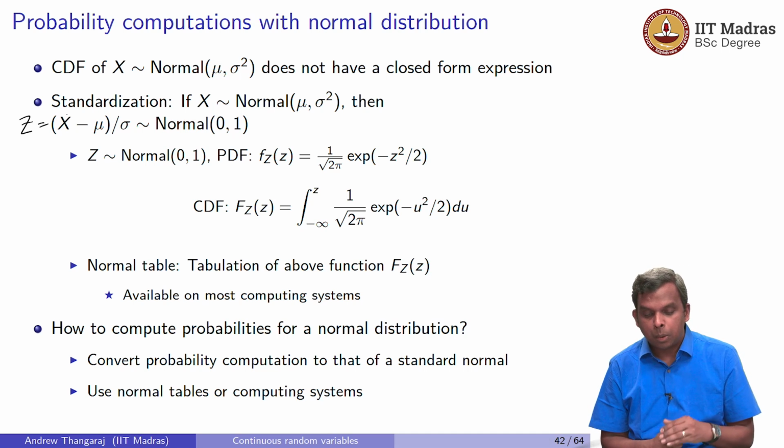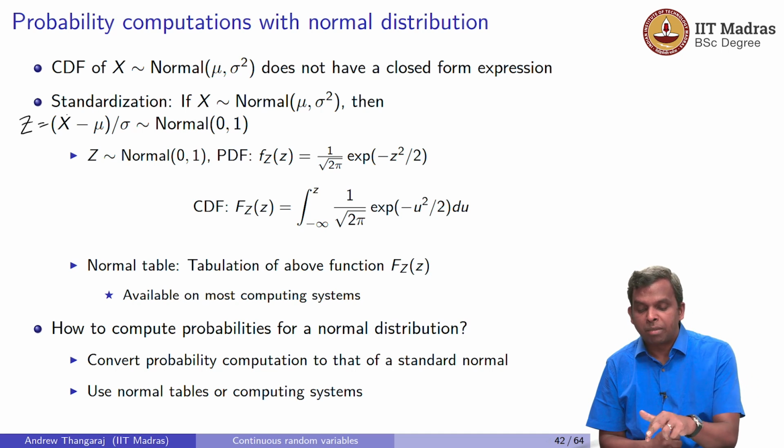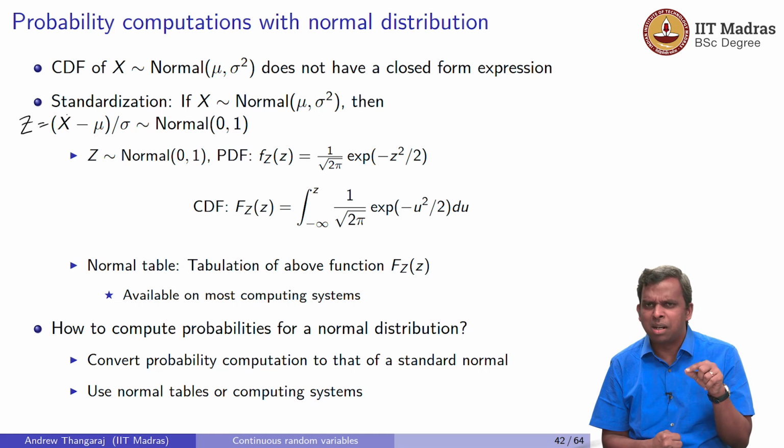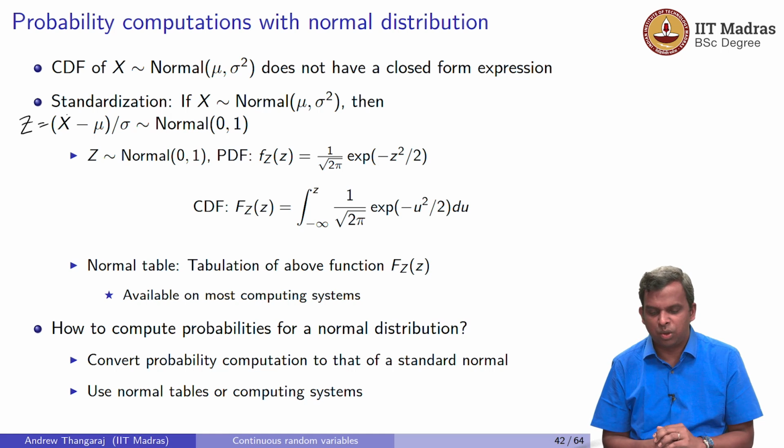Okay, so once you come to the standard normal, that's the PDF and the CDF. It's 1 by root 2 pi e power minus z square by 2. Okay. So that's because sigma is 1 and mu is 0, right? So you get this. The CDF has this integral expression which you can use in numerical computation and tabulate. Okay, so this is available in most places.